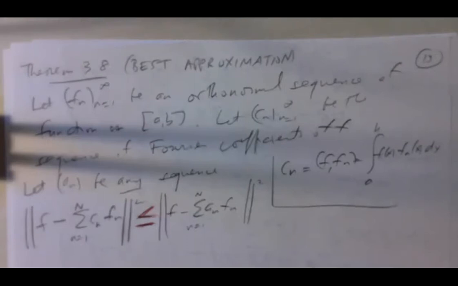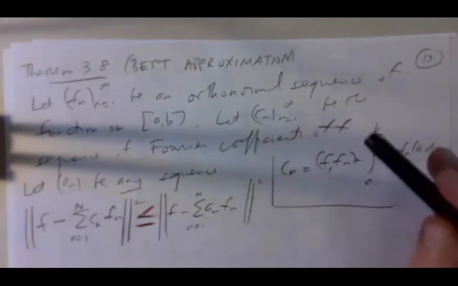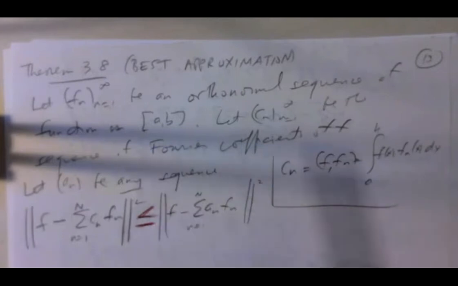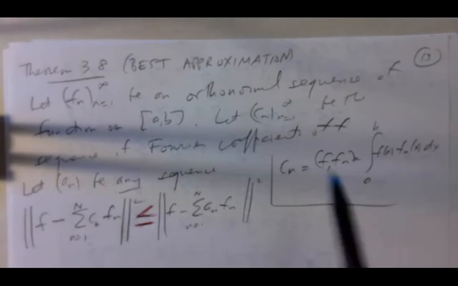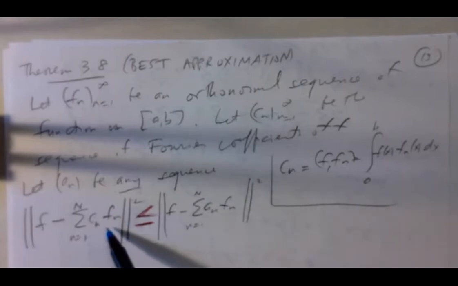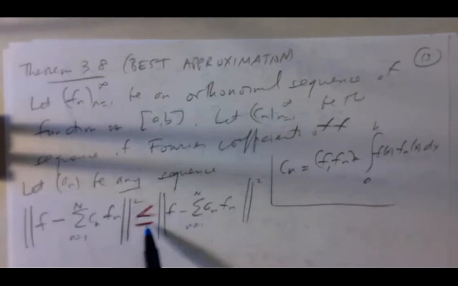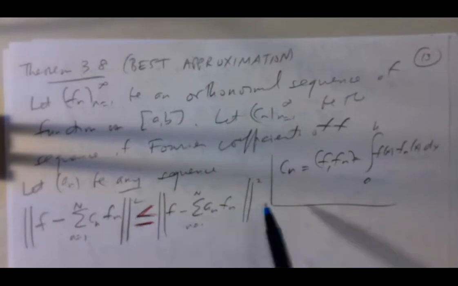Or more generally, if you have any orthonormal sequence of functions on an interval ab, and you write down the Fourier coefficients, so cn is the inner product of f with fn, this mean squared error is the smallest, always less than or equal to any other series you can construct using those terms.